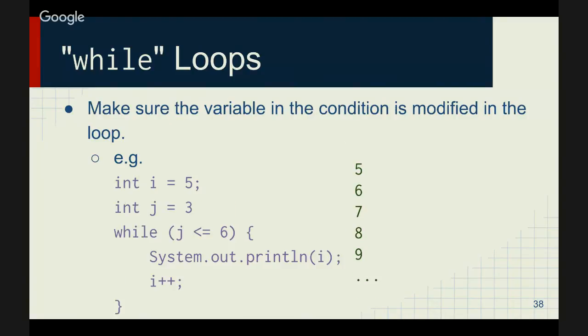So someone who hasn't chimed in a while, what's wrong with this one? I'll give you a hint. It says it on the slide. The variable in the condition isn't modified in the loop.